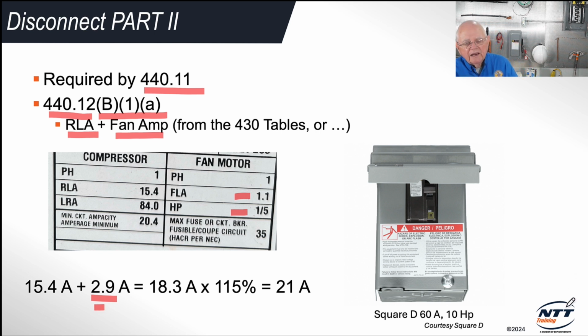Well, anyway, I took 2.9 amps is what I came up with. So I have 15.4 amps is my RLA. I came up with 2.9 on the fan, and that comes up to 18.3 amps. Then it tells me in 440.12 to take 115% of that number, and that's the size of the disconnect that you need. So I go to the supply house and I tell them I need a 21 amp disconnect.